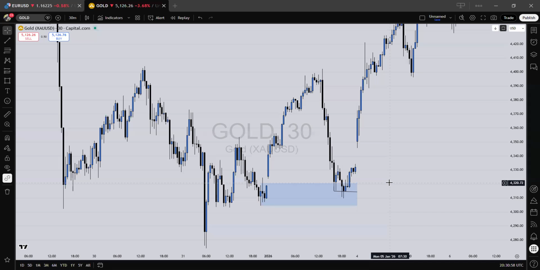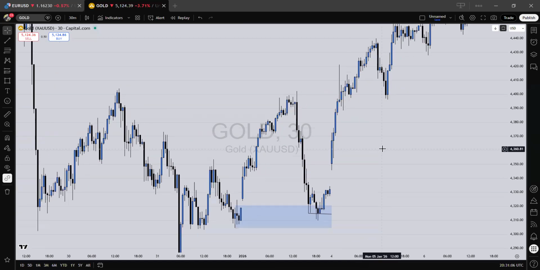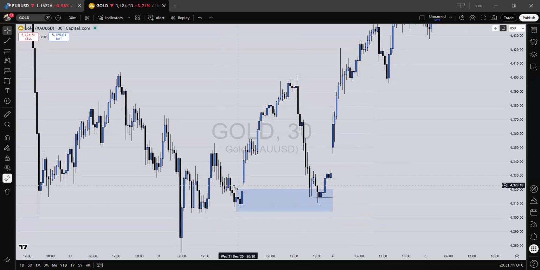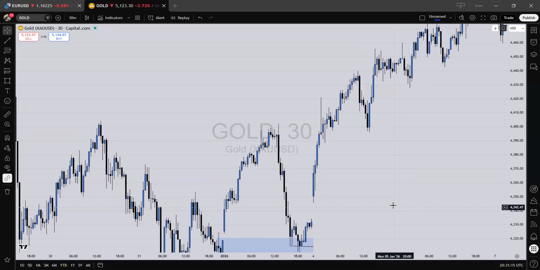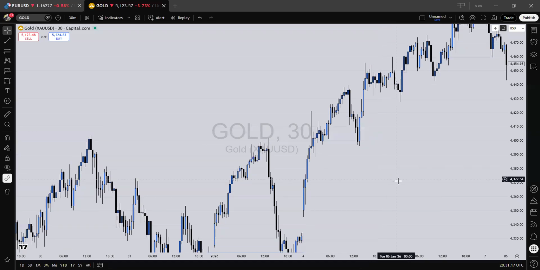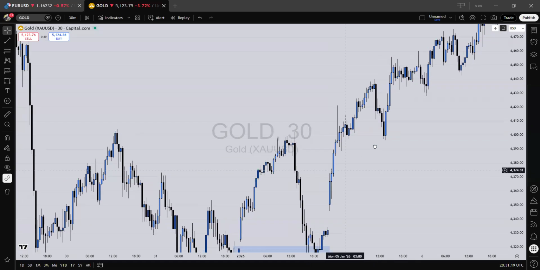My break even depends, first, on the mitigation of my POI. That is the level of mitigation that caused my trade to move. If price just taps into it a bit, I don't set break even because price can still come back to it to take orders properly.